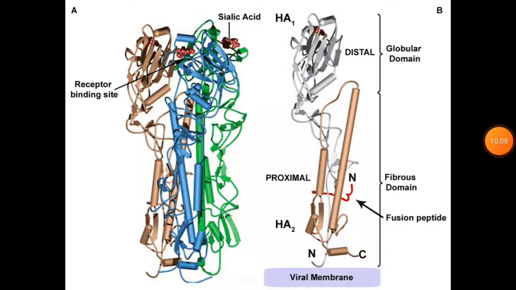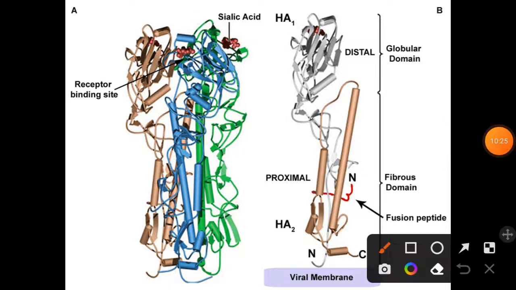If you remember, I told you that after the beginning of the uncoating process, due to the low pH, something will ensure the uncoating. So the idea is, due to the low pH, hemagglutinin will undergo conformational changes.